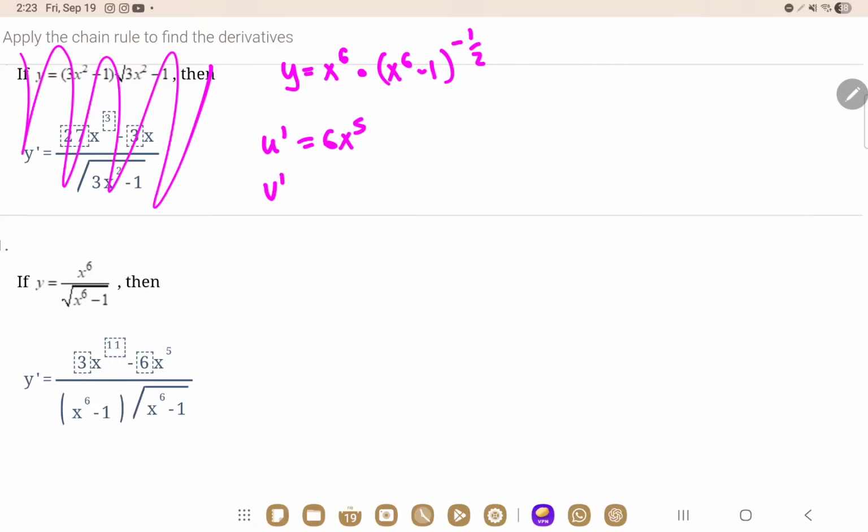V prime is going to be negative half times 6x^6 minus 1 to the power of negative 3 over 2, because you subtract from 1, times 6x^5. So this is the same as writing, it's equal to 6x^5.